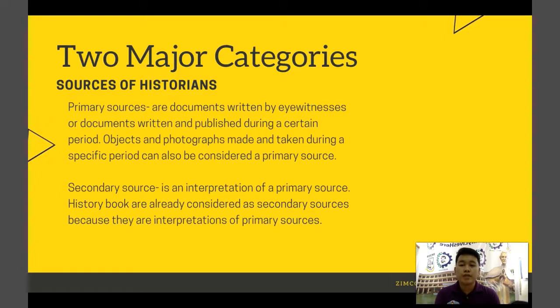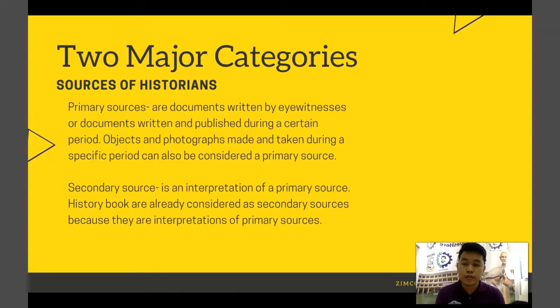Now, the primary sources are documents written by eyewitnesses, or documents written and published during a certain period. Now, objects and photographs made and taken during a specific period can also be considered a primary source. However, on the other hand, the secondary source is an interpretation of a primary source.